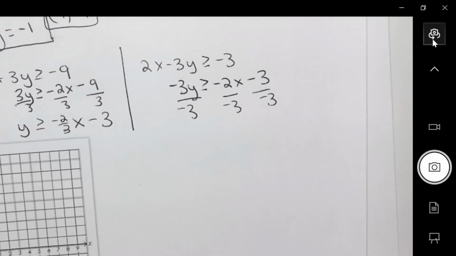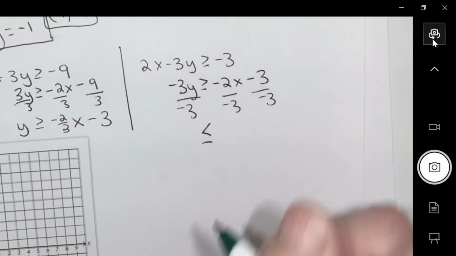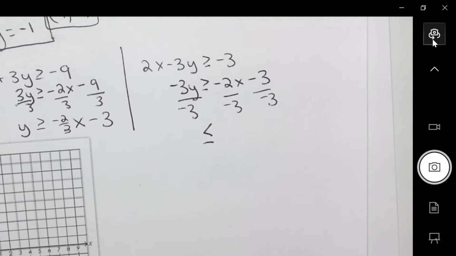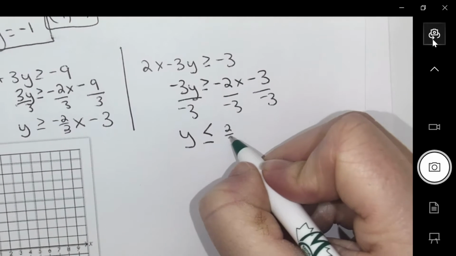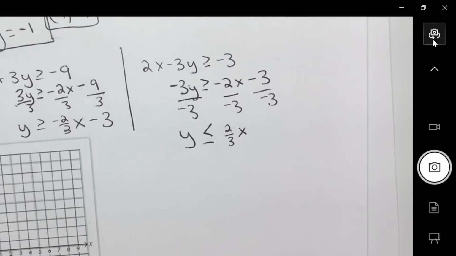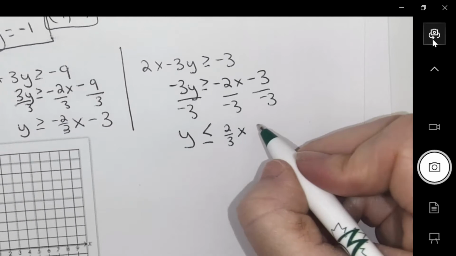Ooh, what happens when you divide by a negative? The sign will switch. So I have to just remember that because I'm for sure 100% going to put one of those on there. So y is less than or equal to now +2/3 x and a +1.